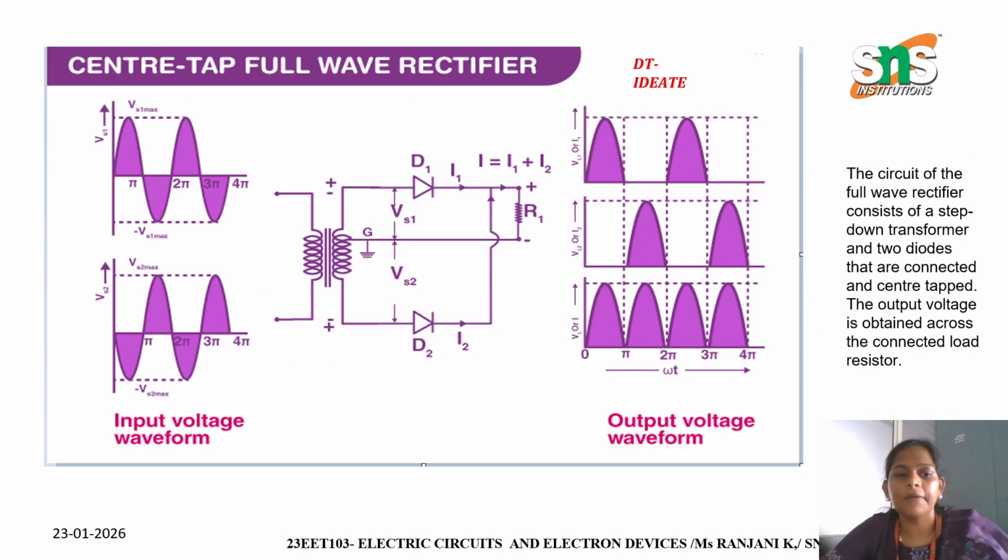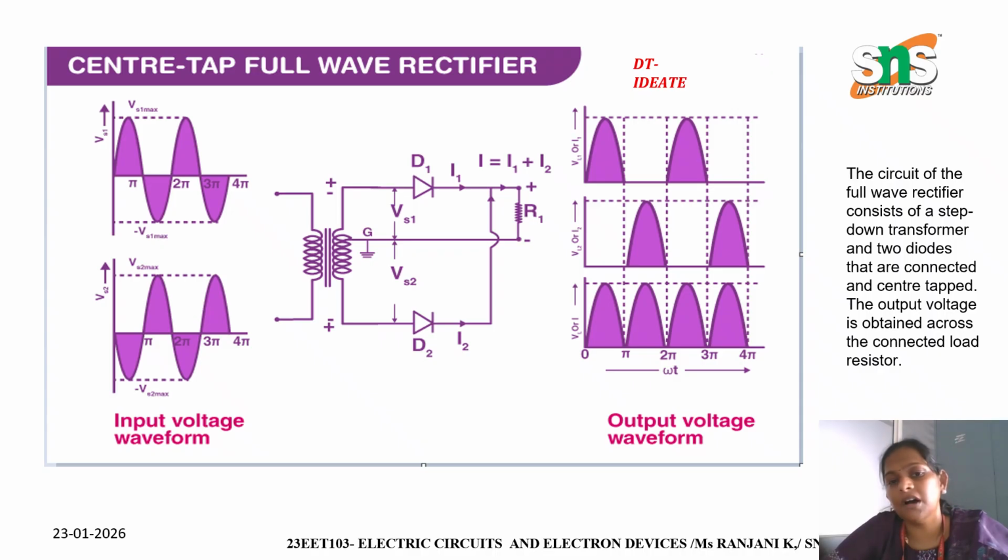See in this diagram, when D1 conducts, D2 is off and the current flows through the load resistance, and vice versa. When D1 is off, D2 will be on, so that the same current flows through the load resistance in the same direction.